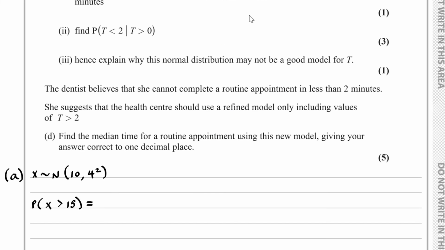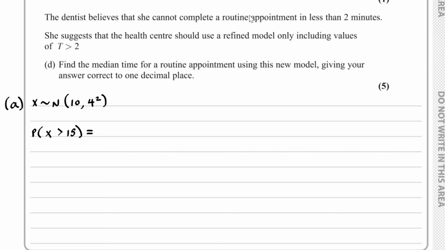Now, I think it will help to sketch a diagram for this question. We have something looking like this, with a mean of 10, and we've got this 15 over here somewhere, and we're finding this probability essentially.